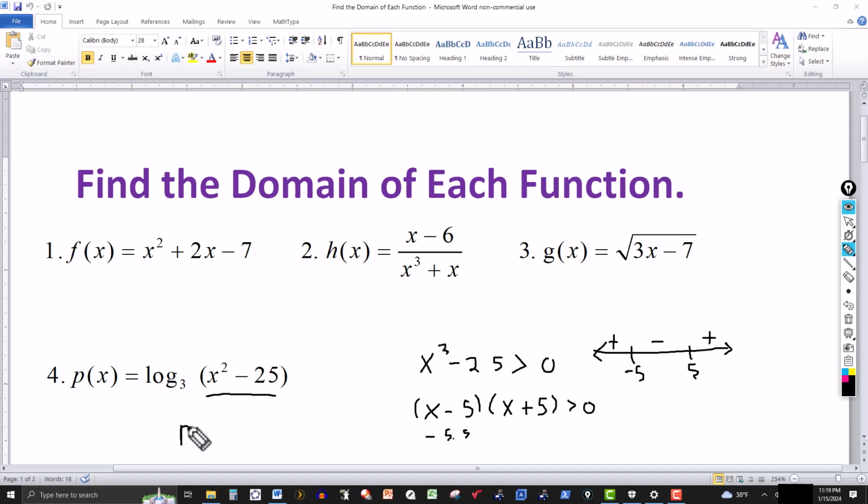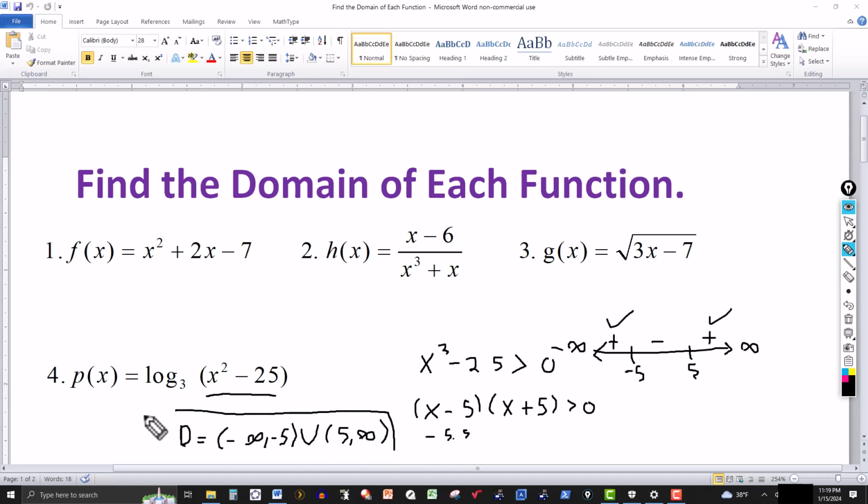So for the domain D, remember positive infinity is over here on the right side, and negative infinity is over here. So my solution set is in this interval and this interval. I simply write negative infinity to negative 5 union 5 to infinity.